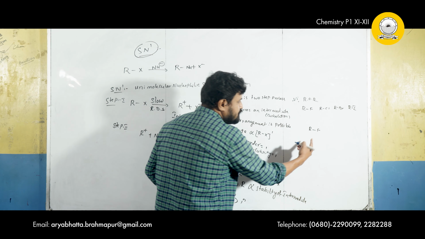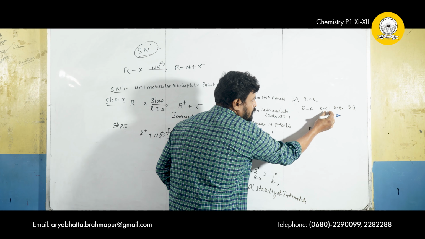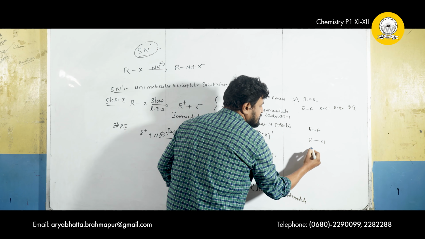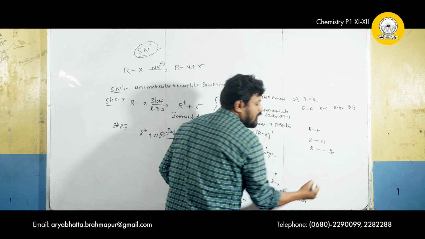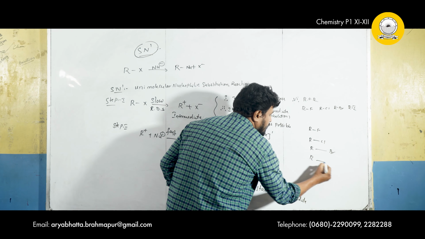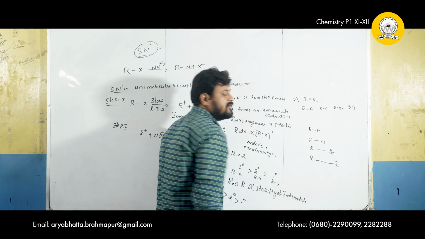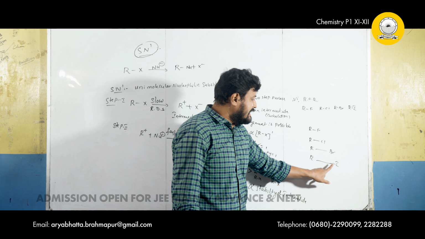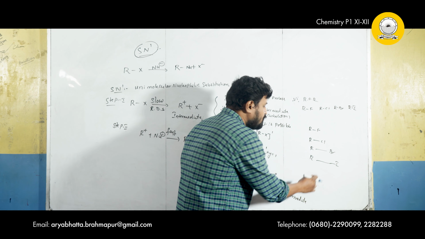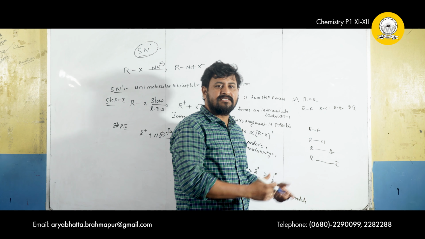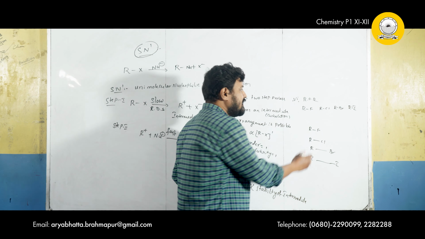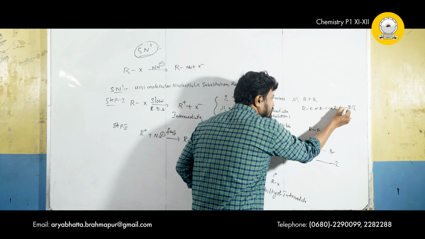As the size increases from fluorine to chlorine to bromine to iodine, the bond length increases. With higher bond length, the bond energy is weaker, so the bond can easily cleave because of easier formation of R plus, and the reactivity becomes like this.